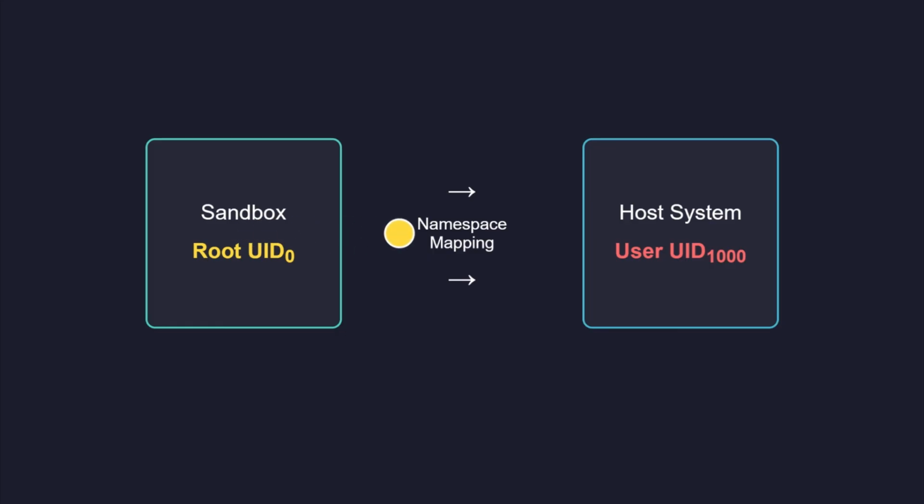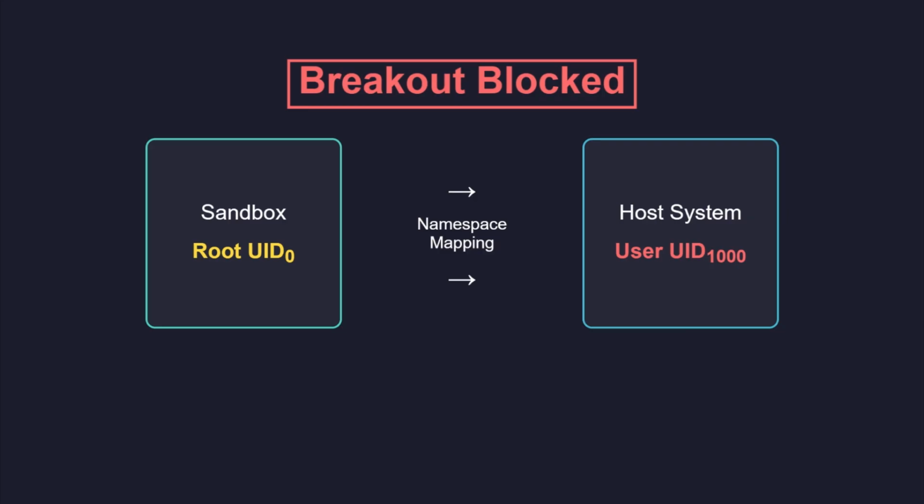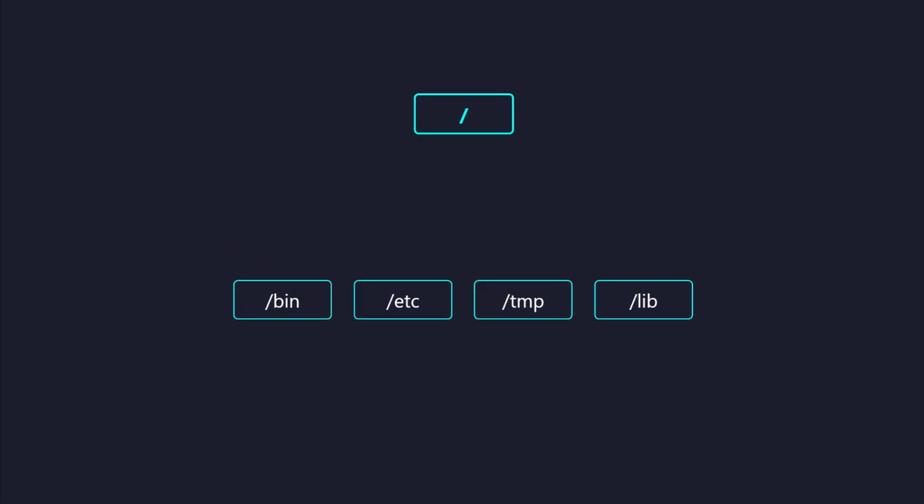Implementing distinct user namespaces across your container clusters ensures that the root user account executing inside the sandbox maps directly to an unprivileged, non-administrative user identifier on the host operating system, rendering breakout attempts completely harmless.